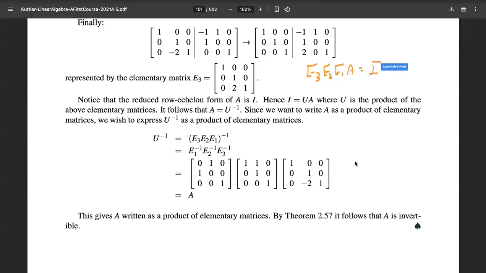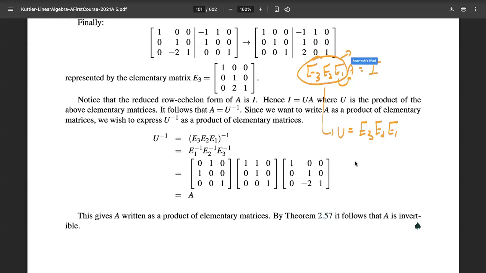So E1 comes first because it's the closest to A because we did that first. And we applied E2 after we did E1. And we did E3 after we did E1 and E2. So that's why E1 is the closest to A, and then it's E2, and then it's E3. If I say it from left to right, E3 times E2 times E1, that's equal to U. So U is E3 times E2 times E1.